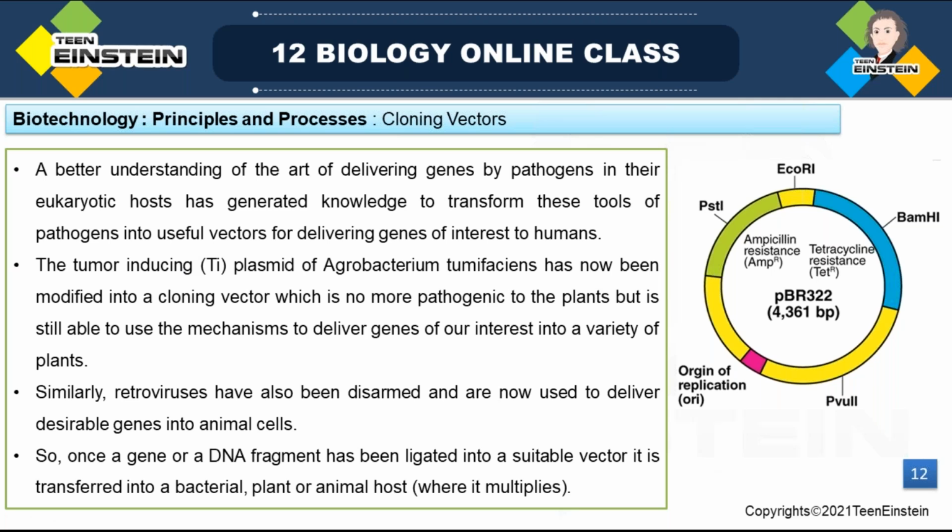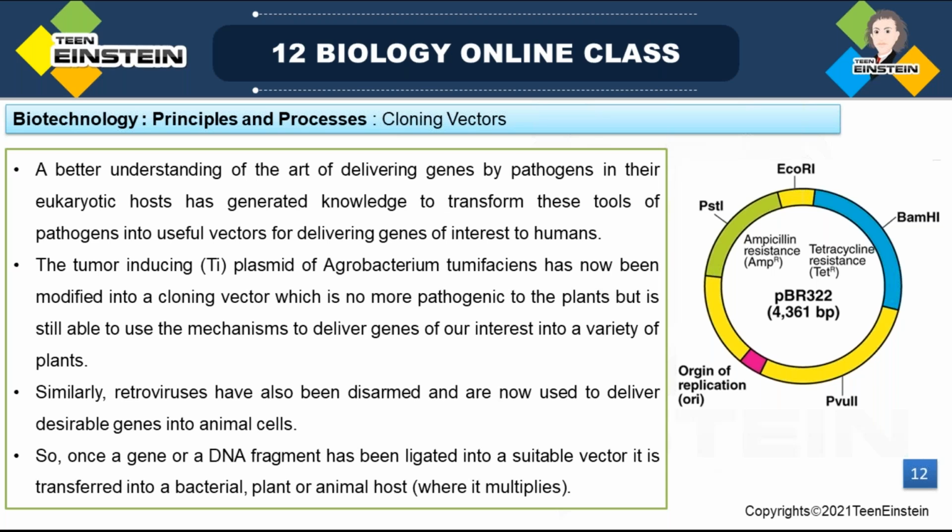So scientists got a very clear idea about the delivery of genes by making use of these pathogens. These pathogens will deliver the gene of interest into that eukaryotic host, whether plant or animal, whichever it is causing the disease in.